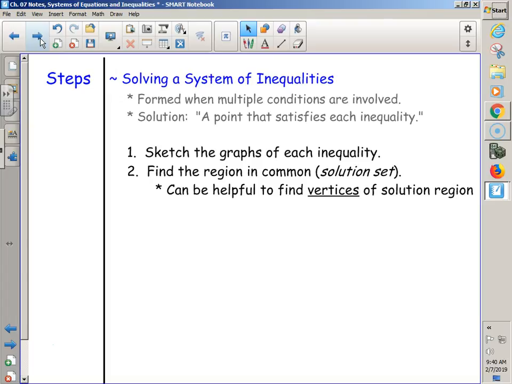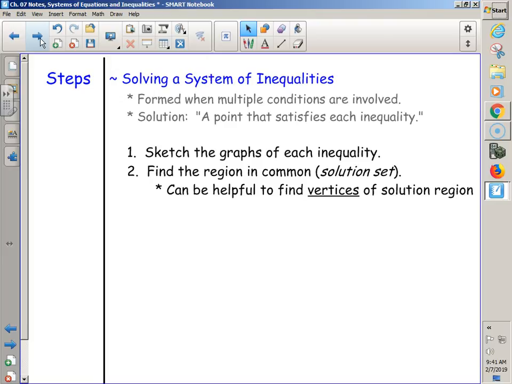So what happens when you have a system? Multiple conditions are involved. A solution is going to be a point that satisfies each and every inequality. So what are our steps? Sketch each and every inequality.